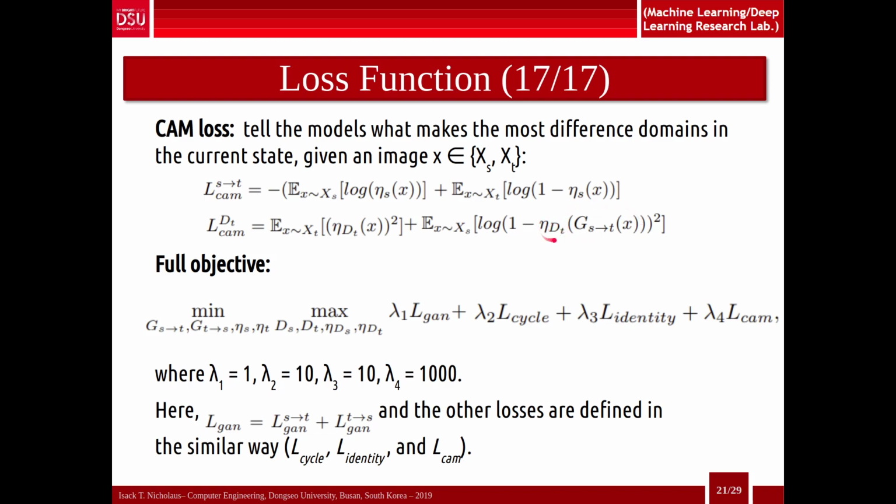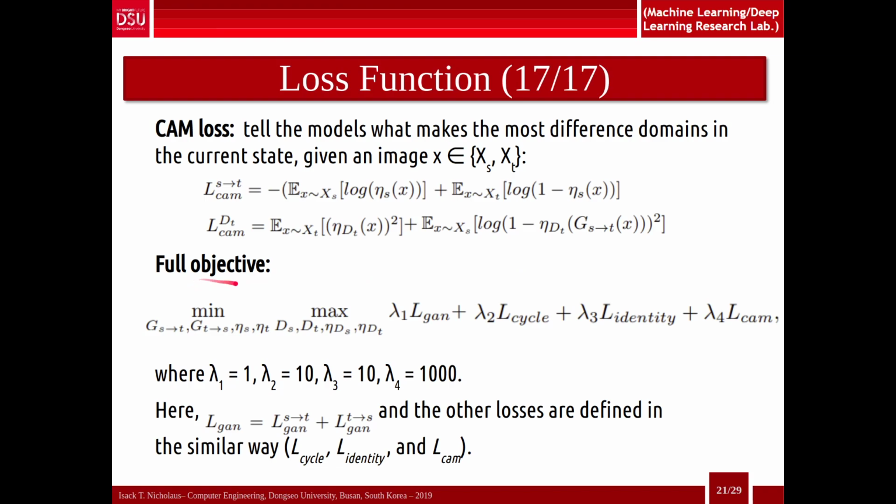This generated probability represents how confident the auxiliary classifier is at classifying the given input, whether it is the real input or the generated input. So this will guide the model to find the very distinctive features between the two domains.